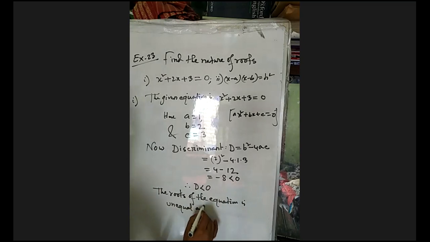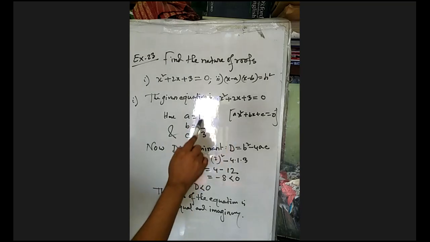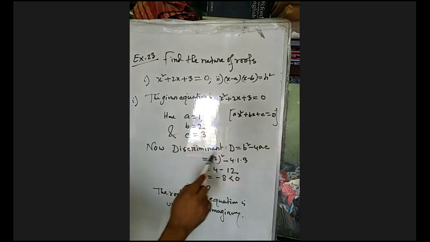Okay, the roots will be unequal and imaginary. Just compare with the standard form of quadratic equation, we have to find out the values of a, b, c. Then we have to find out the discriminant d. If d is less than 0, greater than 0 or equal to 0, we have to find out the nature of the roots. Okay.